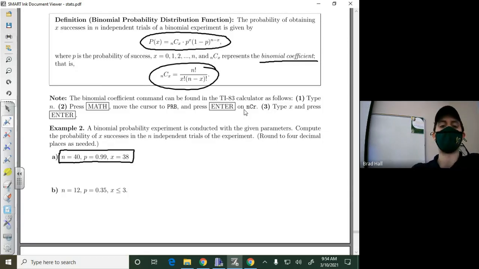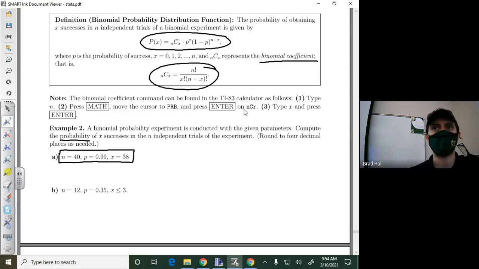And so what we're going to do is figure out how to determine the probability of this binomial experiment under these specific circumstances. So they're giving us these 3 values, which I said before, these are the 3 values we need in order to plug this into the calculator.